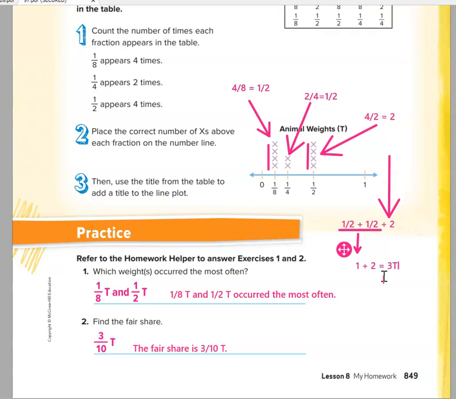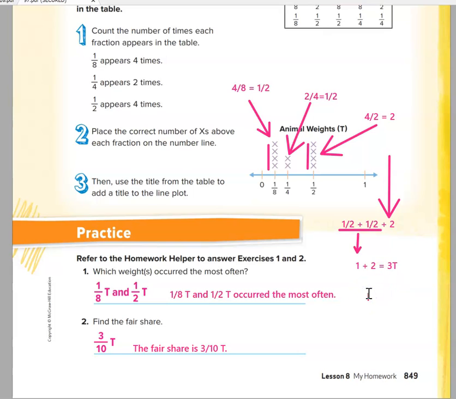But I'm not done. What I'm trying to do is get a fair share. So I've got to take that 3 and divide it by the total number of animals. If I count up the animals, I've got 1, 2, 3, 4, 5, 6, 7, 8, 9, 10.